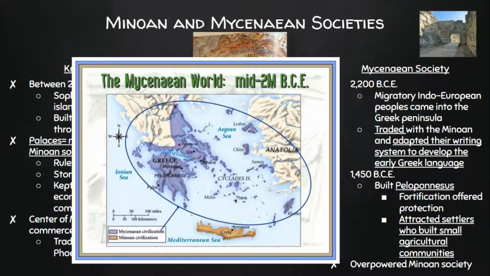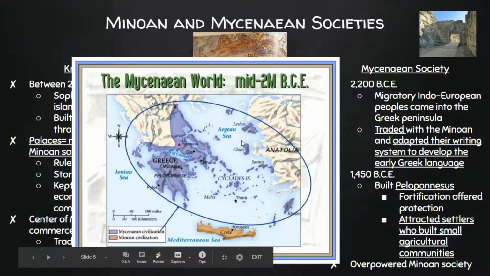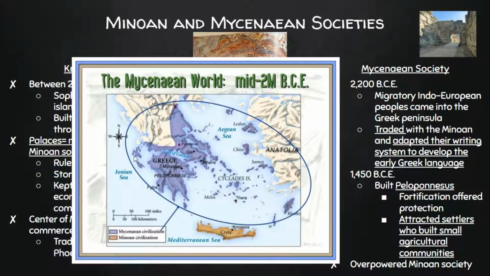But then moving on to this other society, the Mycenaean society, they were originally these Indo-European peoples, much like what we looked at with India, for example. And they came into this Greek peninsula that you see here. They started to trade with the Minoans and adapted their writing system to slowly create this early form of Greek language.